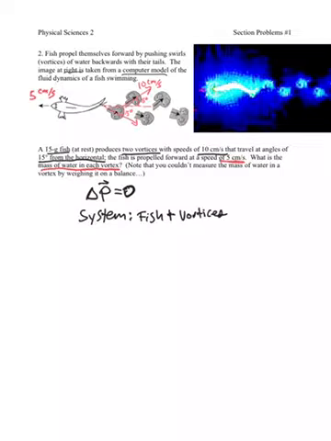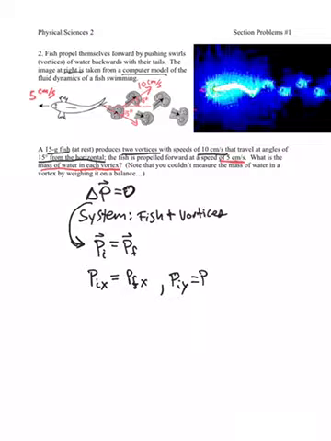Another way of writing this is P initial equals P final for that system. You can also always write this equation in terms of its components: P initial x equals P final x, and P initial y equals P final y.